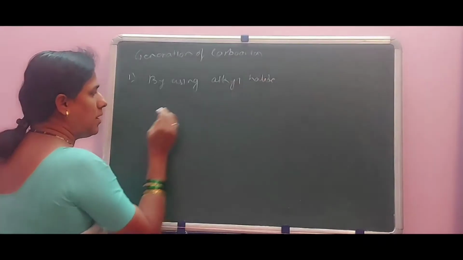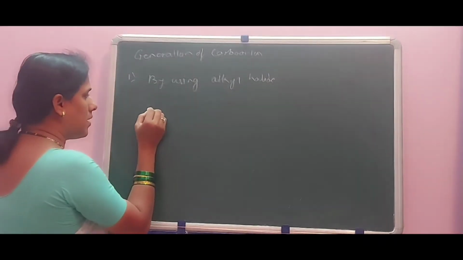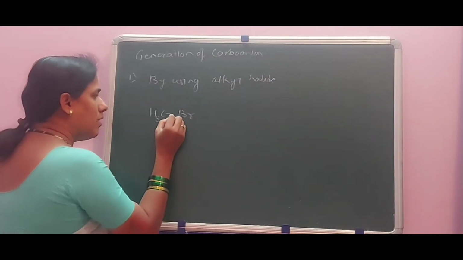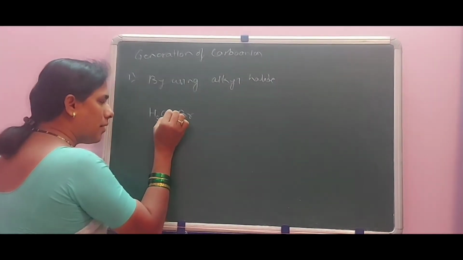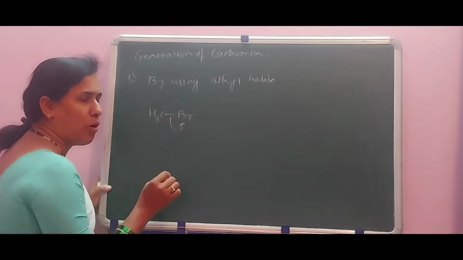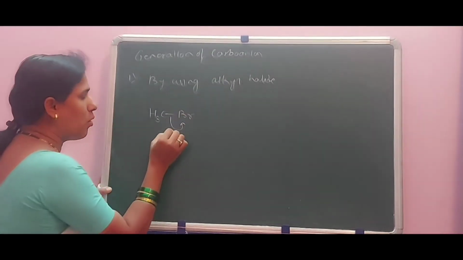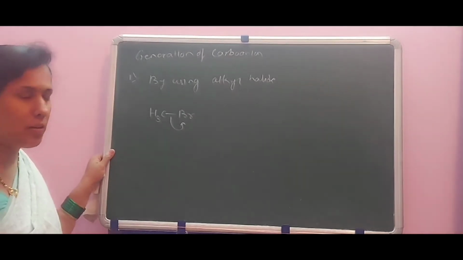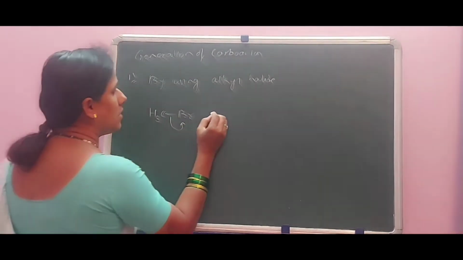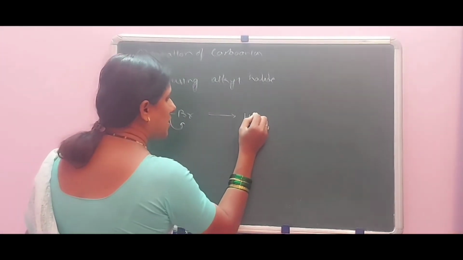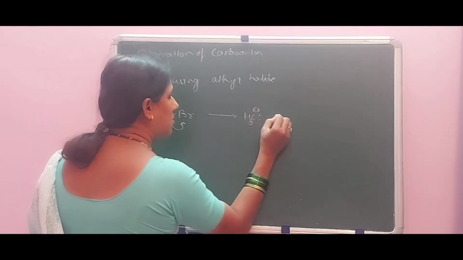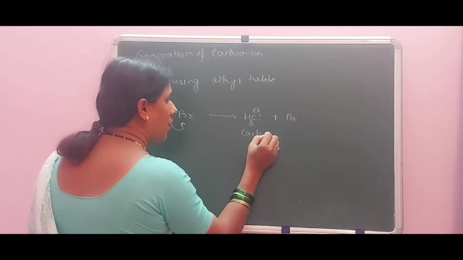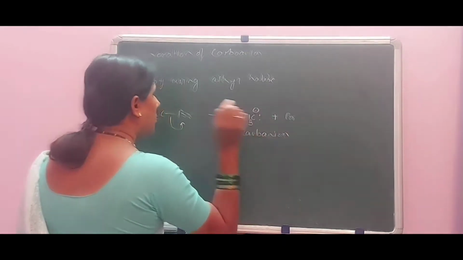A simple example for the generation of a carbanion is CH3Br. By cleaving this bond, the carbon atom retains its lone pair of electrons, and thus it is a negatively charged species: CH3 negatively charged plus Br. Thus there is generation of a carbanion.